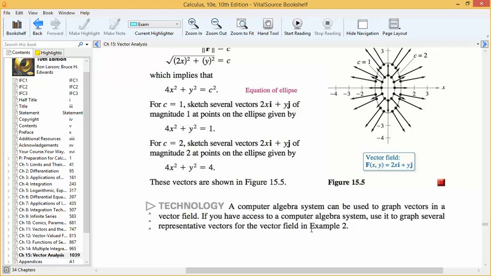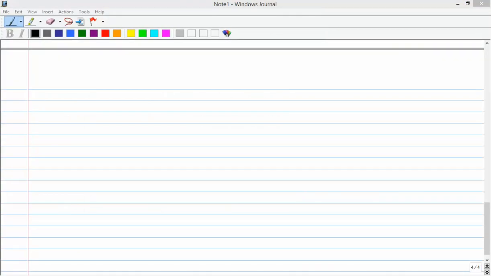Definitely good to use the computer algebra systems, the CAS systems, if you have those to graph stuff like that. But it's kind of neat how you can sketch a vector field. And you just plug in the x's and the y's.